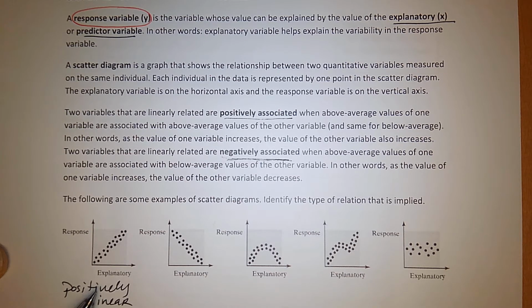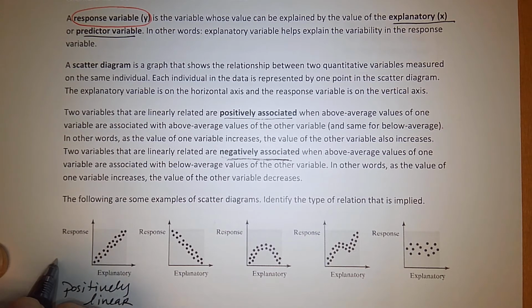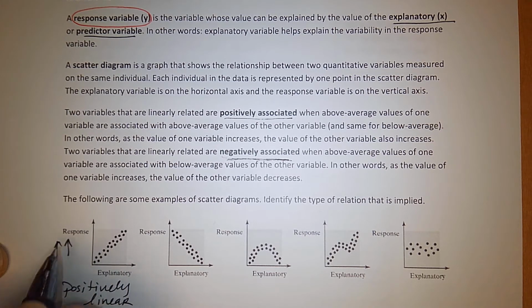Also, they are positively related because as the explanatory variable gets bigger and bigger, the response also results in a bigger value. So they are both going up together. Maybe not at the same rate, but they do increase at the same time.